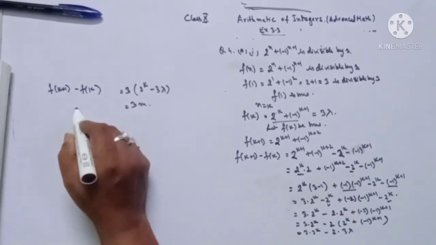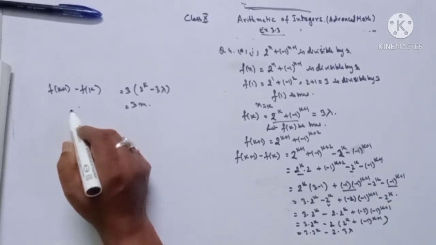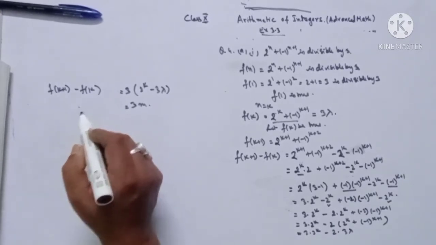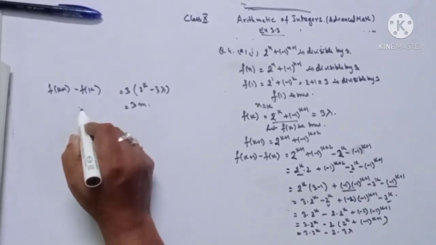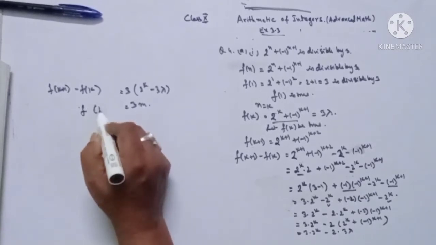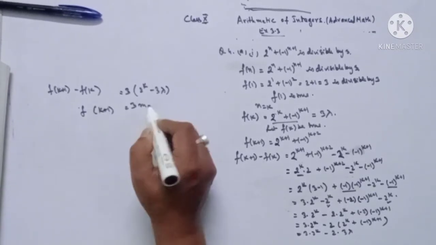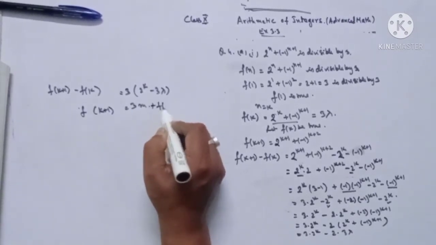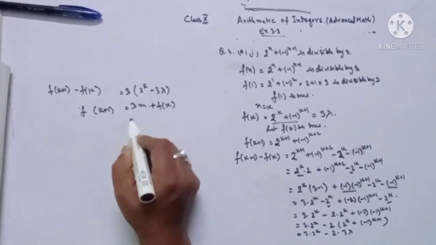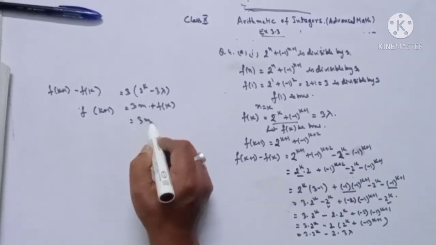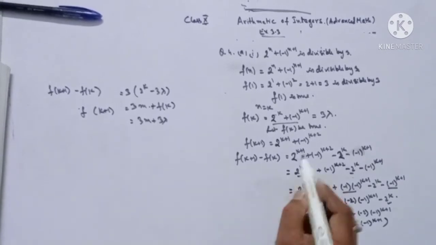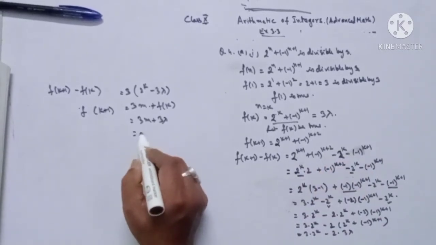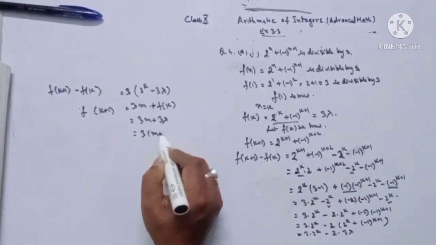So here again, f k plus 1 will be equal to plus f k, and this is equal to 3m plus 3 lambda. Here this is 3 lambda, so taking 3 common, m plus lambda.